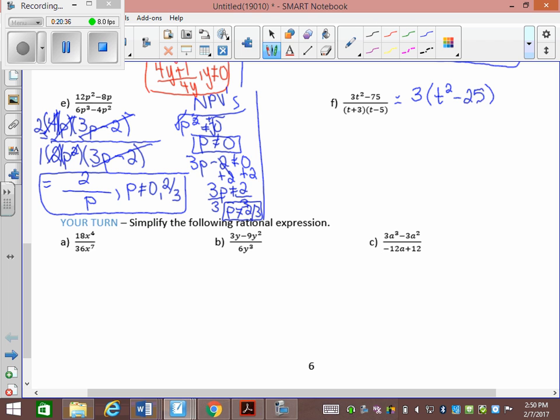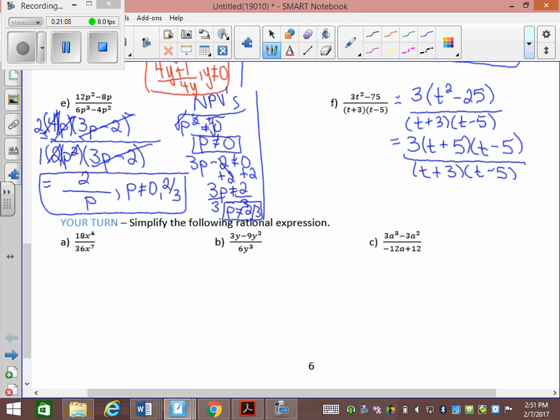And the bottom's just factored. So it's going to equal 3, and then t squared minus 25 breaks into 2 factors. Square root of t squared is t. The square root of 25 is 5. And then opposite signs, so plus or minus, plus, doesn't matter. And then we have t plus 3 on the bottom, t minus 5.